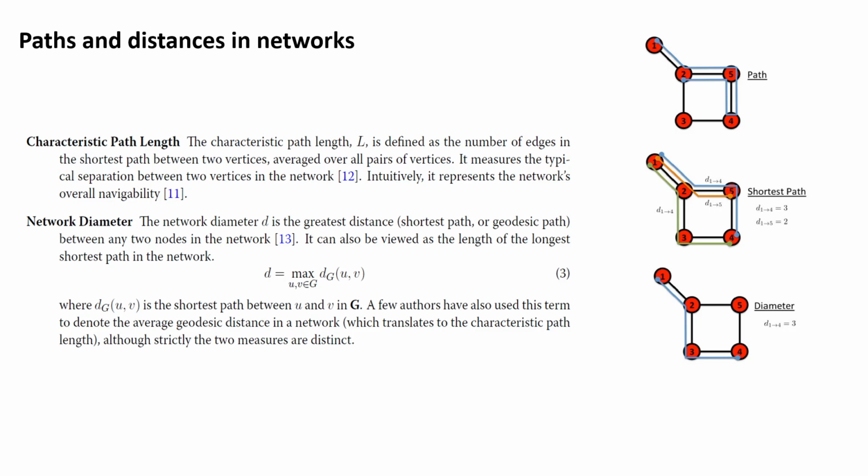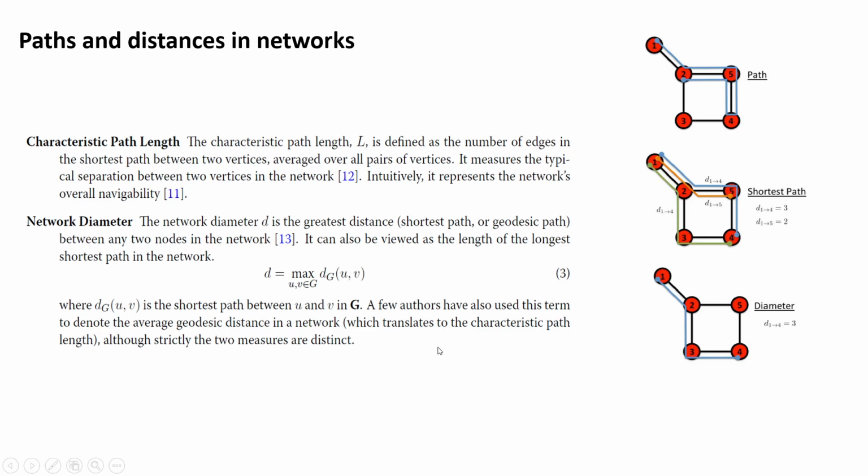It is analogous to the diameter of a circle, the line connecting the two farthest points in a circle. It's the same thing here: the path connecting the two farthest nodes in a network. It can be viewed as the length of the longest shortest path in the network, given by the maximum of the shortest paths.